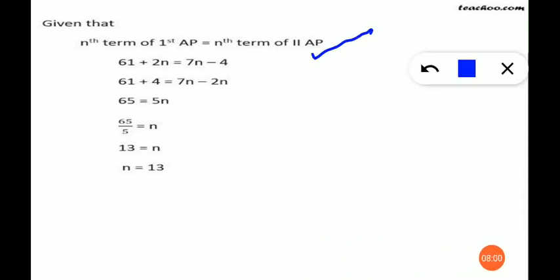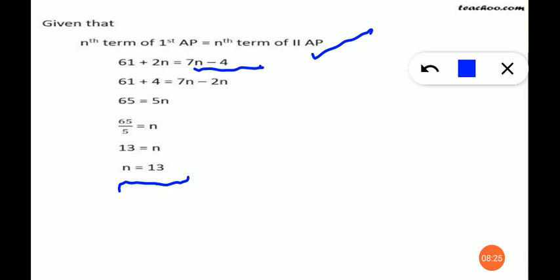Then 61 plus 2n is equal to 7n minus 4. After solving, we get n is equal to 13. So it means that the 13th term of the first AP is equal to the 13th term of the second AP. I hope you understood the question and the solution, how to find it.